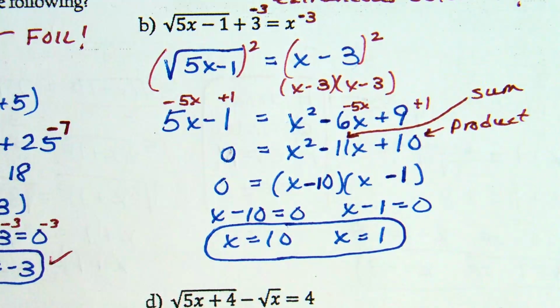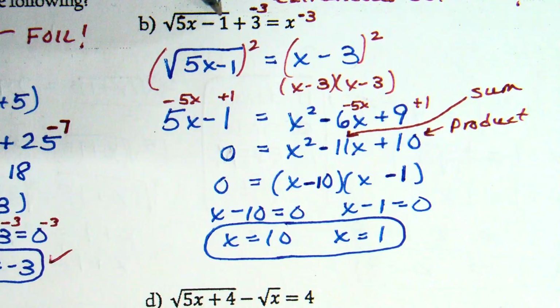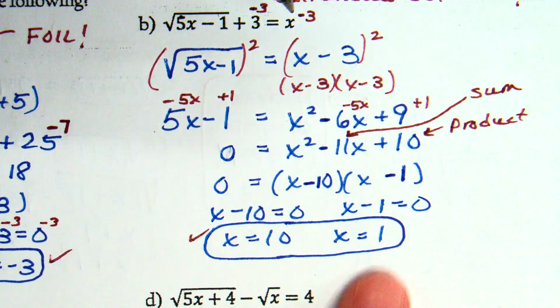So if I put in 10, go back to the original problem. 5 times 10, 50, minus 1, 49, square root of 49, 7, plus 3, 10 equals, what were we plugging in? 10. So the 10 appears to work. Try 1. 5 times 1, 5 minus 1, 4, square root of 4, 2, plus 3, 5 equals, what were we plugging in? 1.